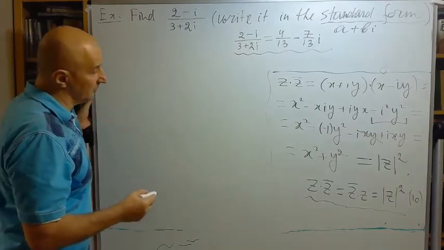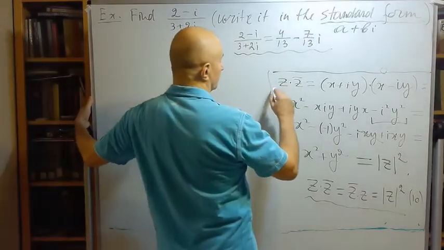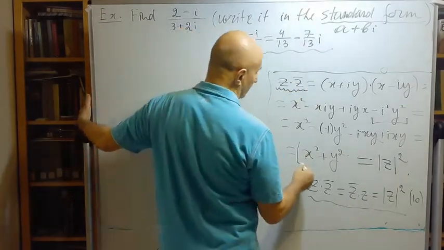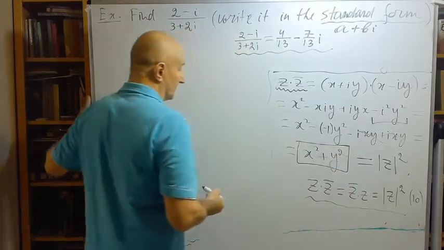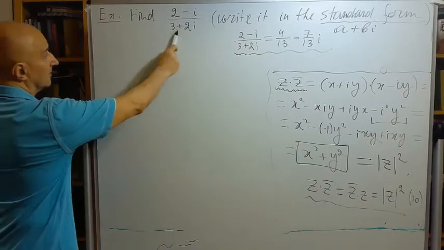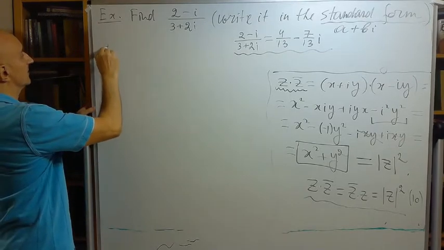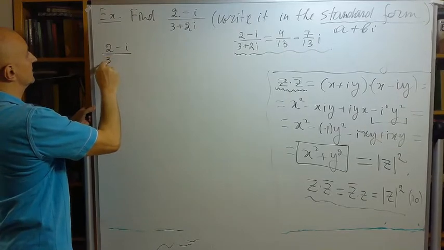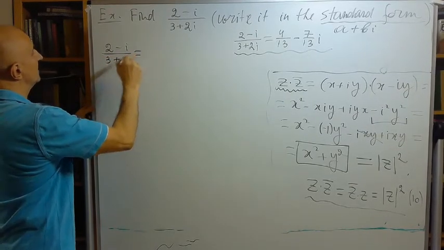Keeping in mind formula number 10, or the preceding result, z multiplied by z conjugate turns out to be a real number. And that's what we need here for the denominator of the fraction. So I will write (2 minus I) divided by (3 plus 2I) equals.